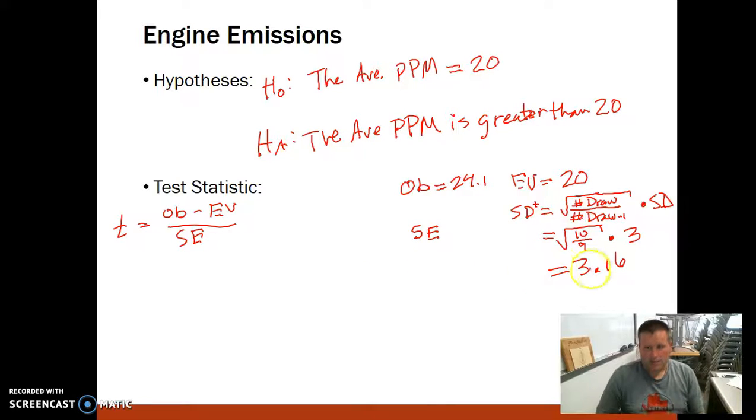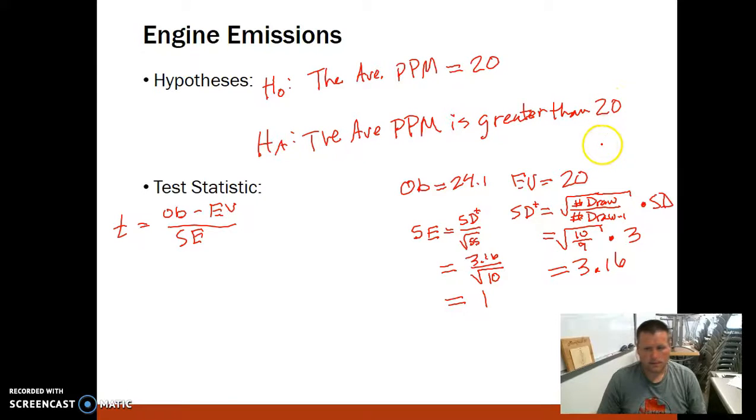So we're going to use that number to find our standard error. Remember, standard error is still just standard deviation, but it's with the plus now, all over the square root of our sample size. So we'll go 3.16 divided by the square root of 10, because we sampled 10 in that case. And I think this gives you like 0.999, so we'll go with 1.